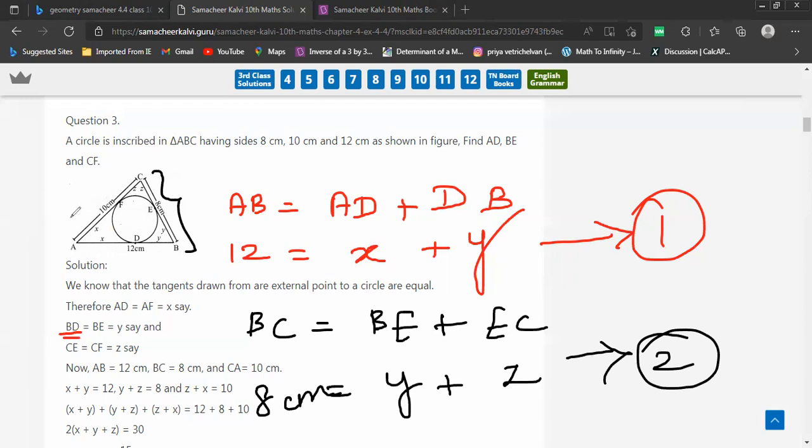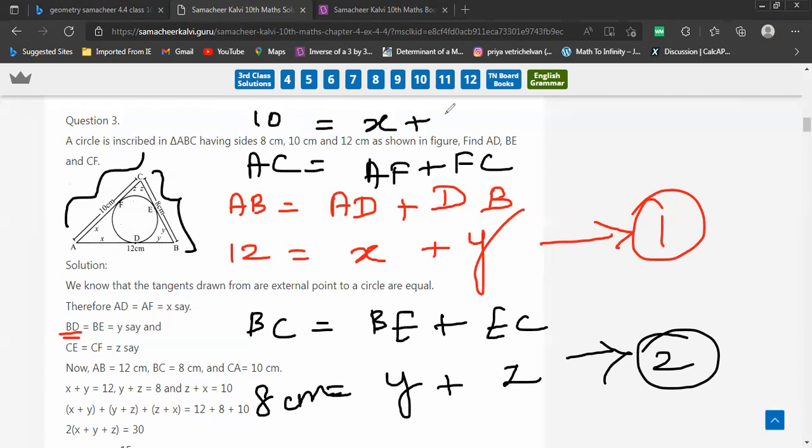Similarly, you apply the same strategy on this. AC can be written as AF plus FC. So it's 10 centimeter is equal to AF is X, FC is Z. So that's your equation 3.